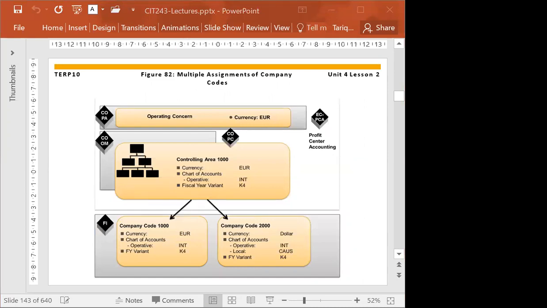Now, we can assign many company codes to one controlling area. And then we can assign controlling areas to an operating concern. So we may have more than one controlling area that we can assign to one operating concern.